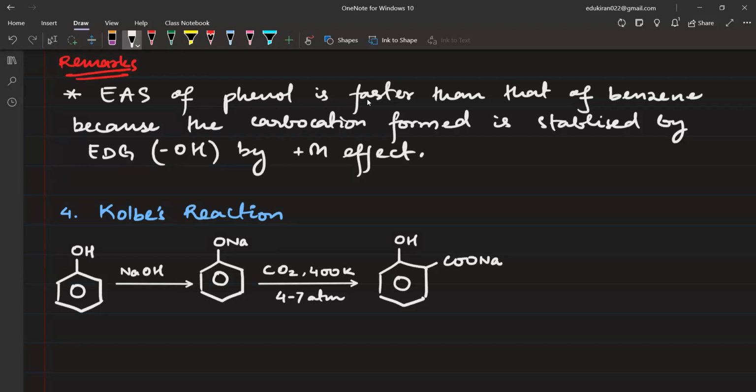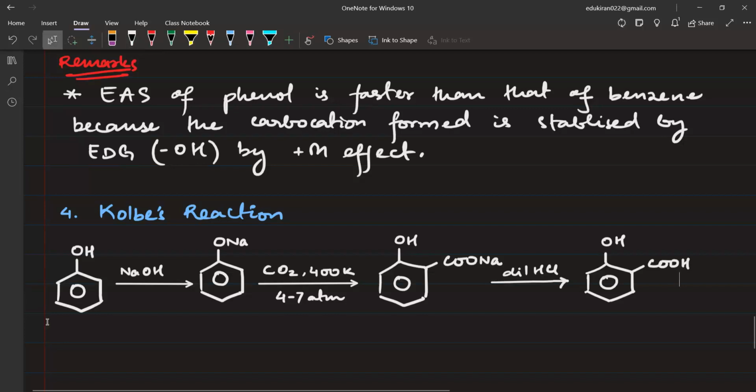This is known as sodium salicylate. On further acidification with dilute HCl, this COONa will be converted to COOH. Here you will have OH as it is, and here you will have COOH. So this is salicylic acid.